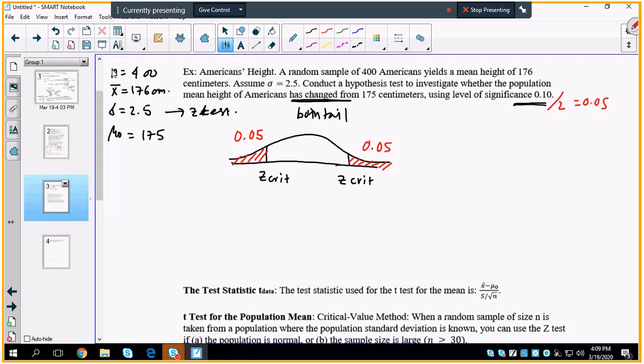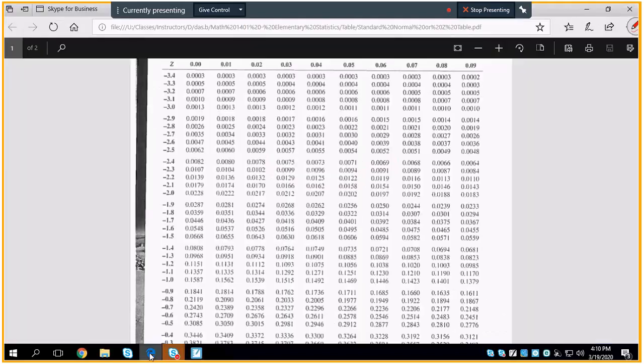Now what? We're going to find Z critical. So we can just find this one on the left that will come directly from your standard normal table. So let's go to the standard normal table and find the area 0.05. So let's see where we get that. 0.05 is not present again. You have 0.0505 and you have 0.0495.